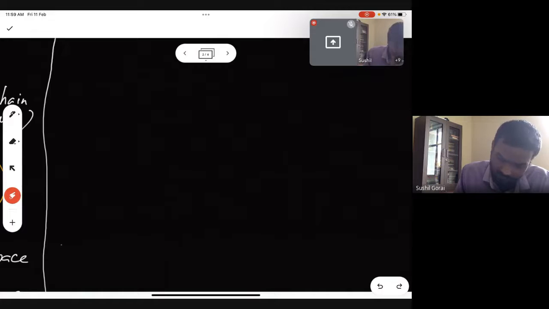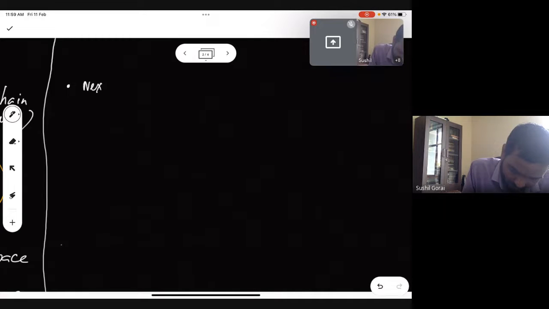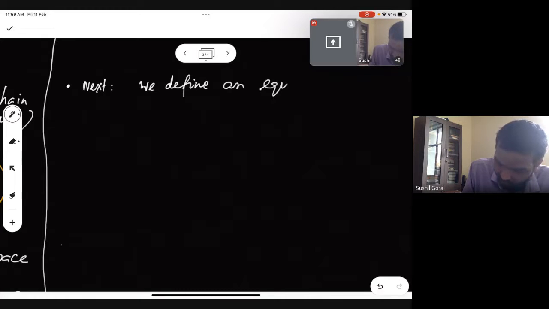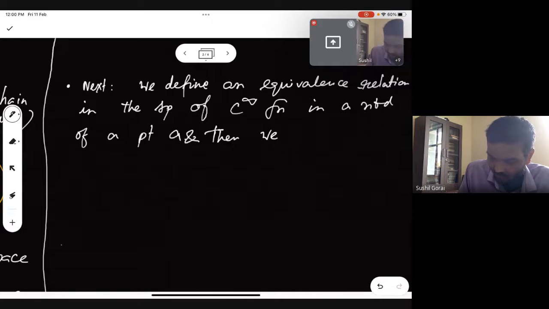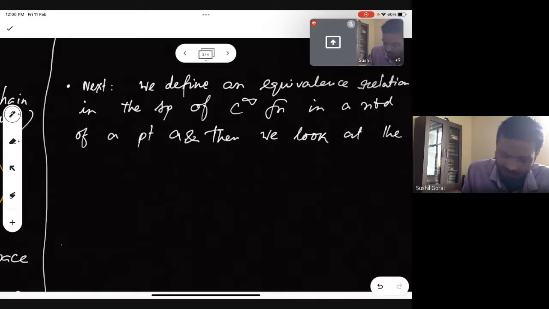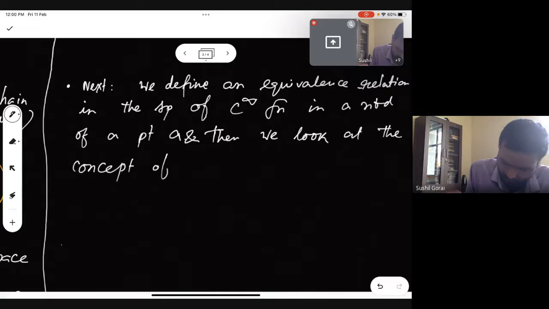All right. So next, we define an equivalence relation in the space of C infinity functions in a neighborhood of a point A. And then we look at the concept of derivation.